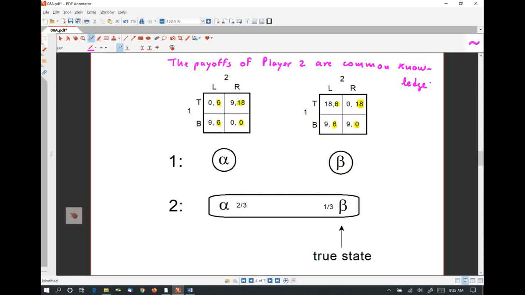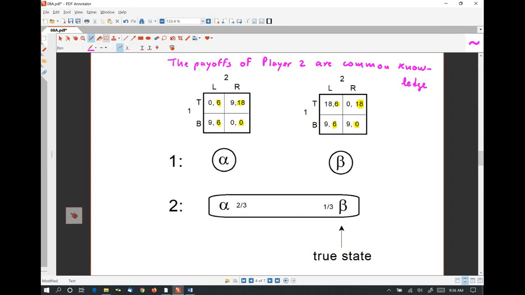In this case, the common knowledge partition, as pointed out before, coincides with the partition of player 2. So whatever player 2 knows is common knowledge. So it's common knowledge between players 1 and 2 that they're playing a game where one chooses between T and B and player 2 chooses between L and R, and player 2's payoffs are 6, 18, 6, 0 from TL, TR, BL, BR.